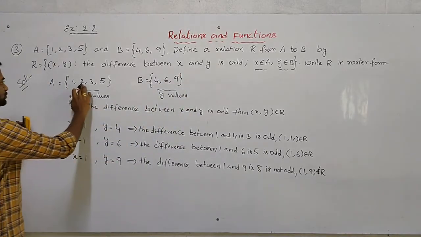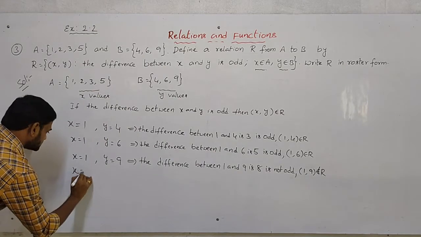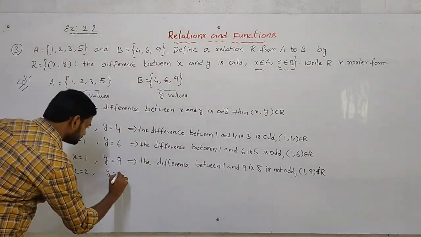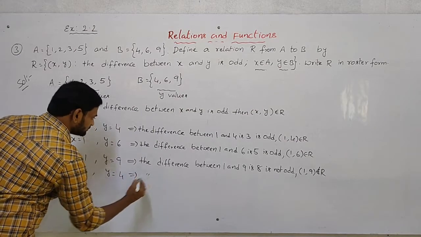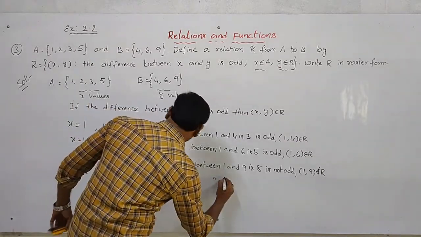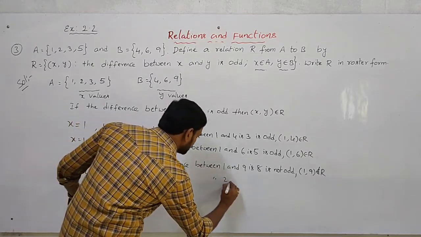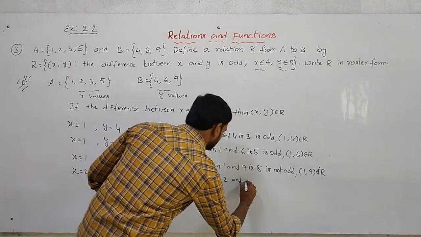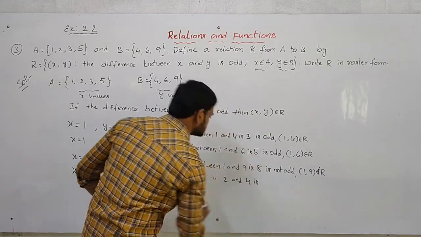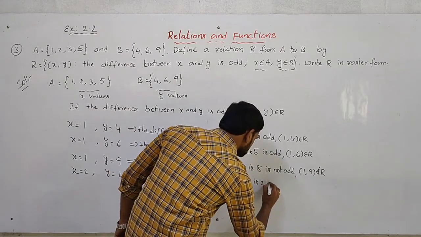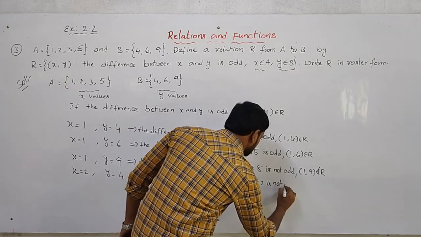Next, with 2: x equal to 2, y equal to how much? 4. The difference between 2 and y value 4, 2 and 4, is how much? 2, which is not odd.